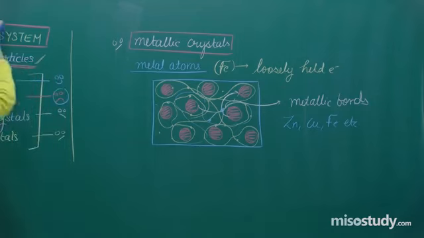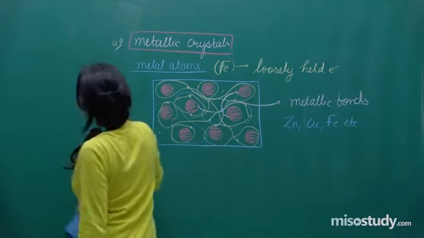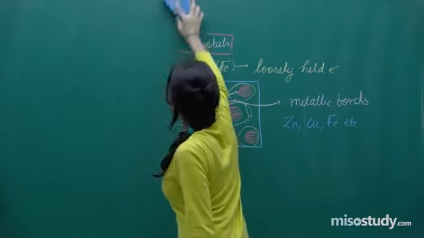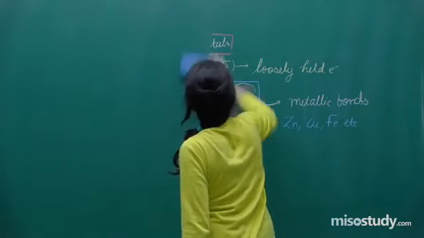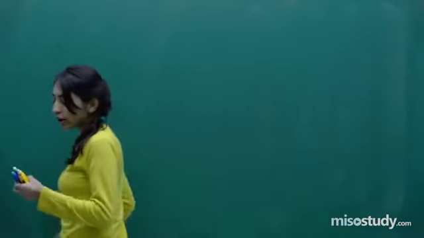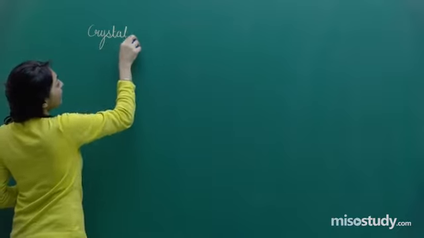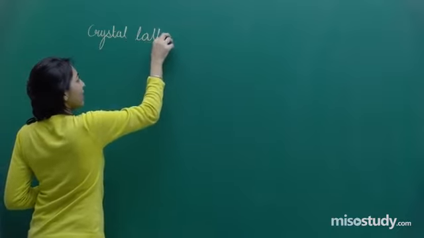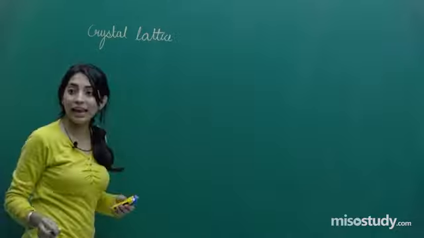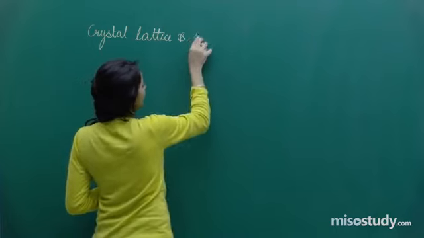So guys, I think you people are now done with the types of crystal systems, right? Having done this much, we should now proceed further. This time I'll tell you something more about what a crystal lattice is, and how this crystal lattice is correlated to symmetry elements.